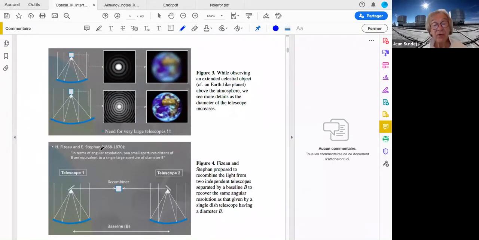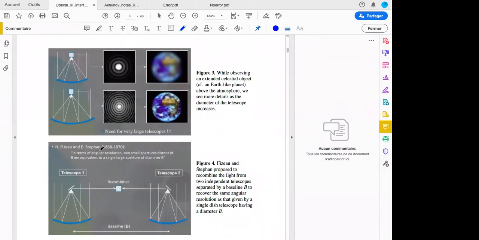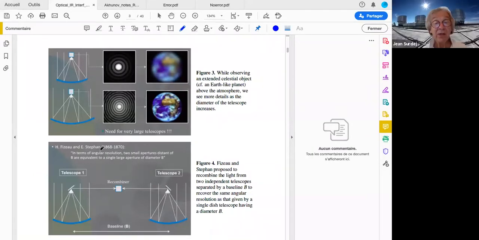If you take two individual telescopes separated by the distance b, which is the baseline, they showed that the angular resolution you could achieve if you let the two beams of light interfere is inversely proportional not to the size of each individual pupil, but to the distance between your two telescopes. And this raised, of course, a big hope that with such facilities, you could one day resolve angular diameters.